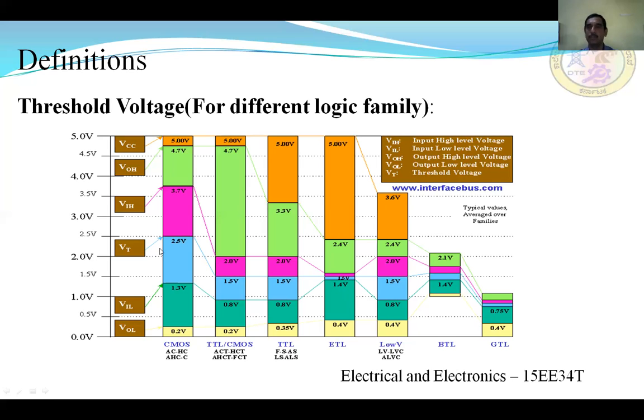So this is the concept of threshold voltage. The threshold voltage is the minimum input voltage at which the output changes state. The arrow mark you need not bother about. The arrow mark is 2.5 volts.